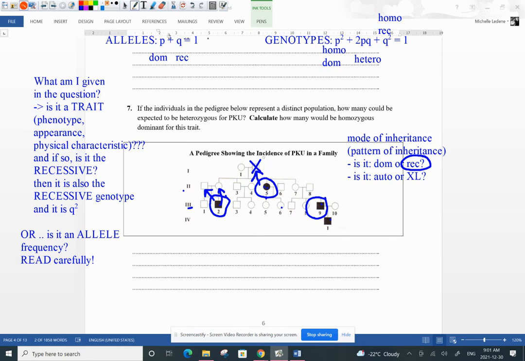If it were X-linked, her dad would have to have an X with the affected allele on it in order for her to be affected, because mom would have to be a carrier. So it looks as if this is probably autosomal, and not likely X-linked. As a result, I think this is recessive.